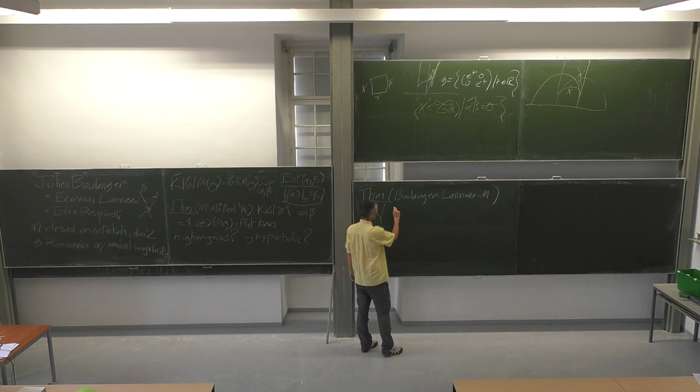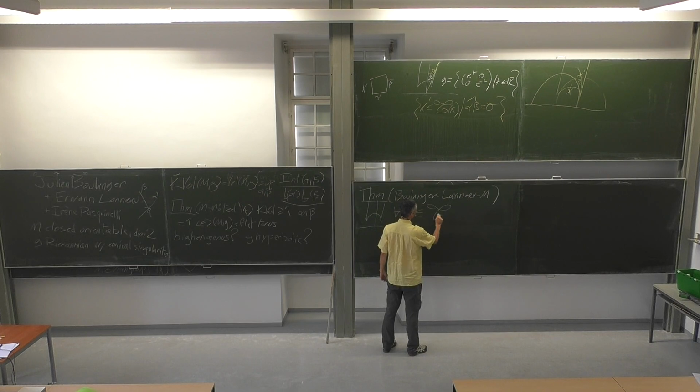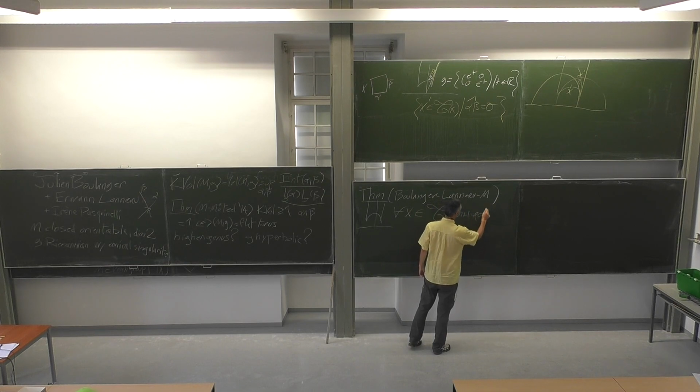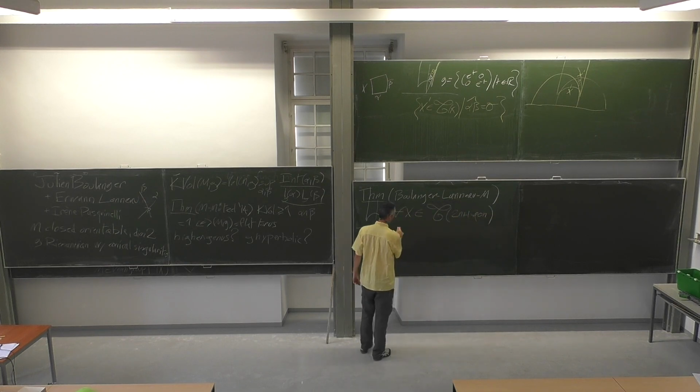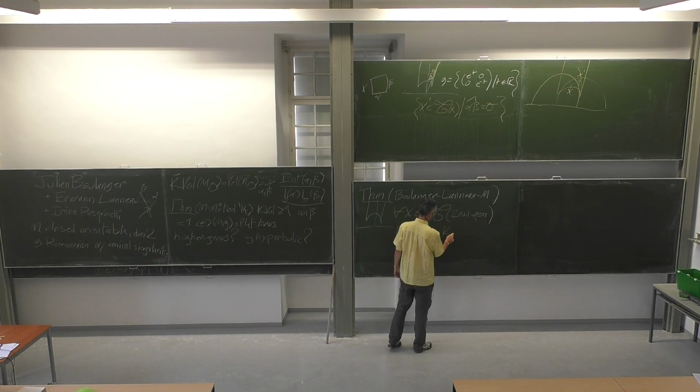So the result is, for any surface in the Teichmüller disk of the double 2n+1-gon, we have K-vol of X is some constant which I'm going to write.